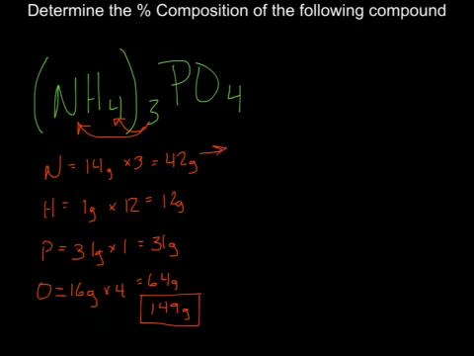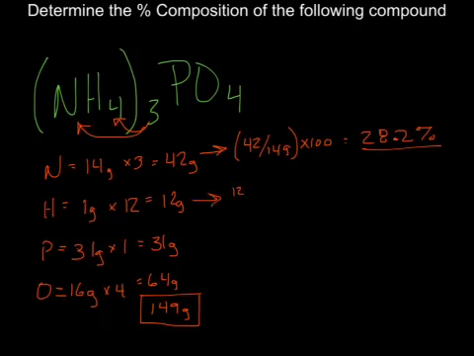Once again, let's do all of our division and go 42 divided by 149 times 100. That's going to give us 28.2%. For hydrogen, 12 divided by 149 times 100 gives us 8.1%.